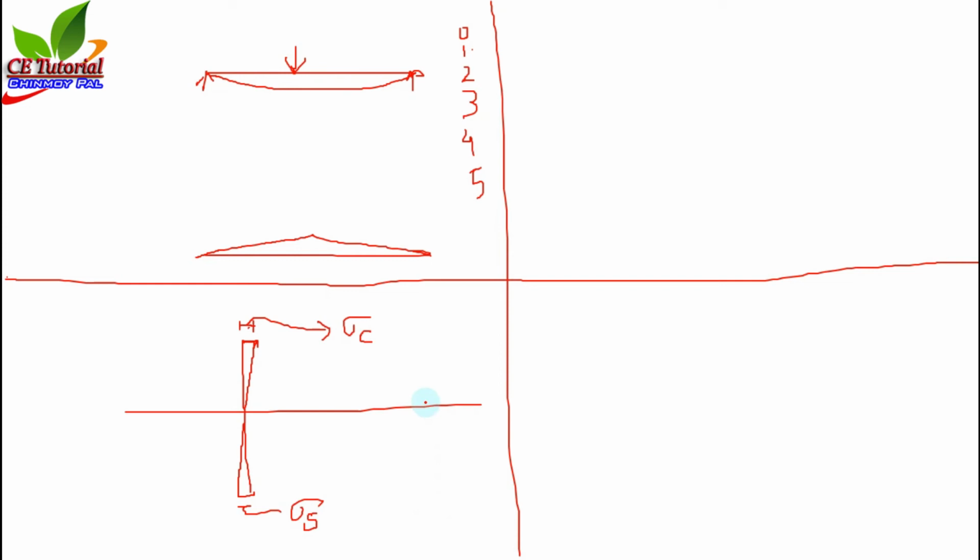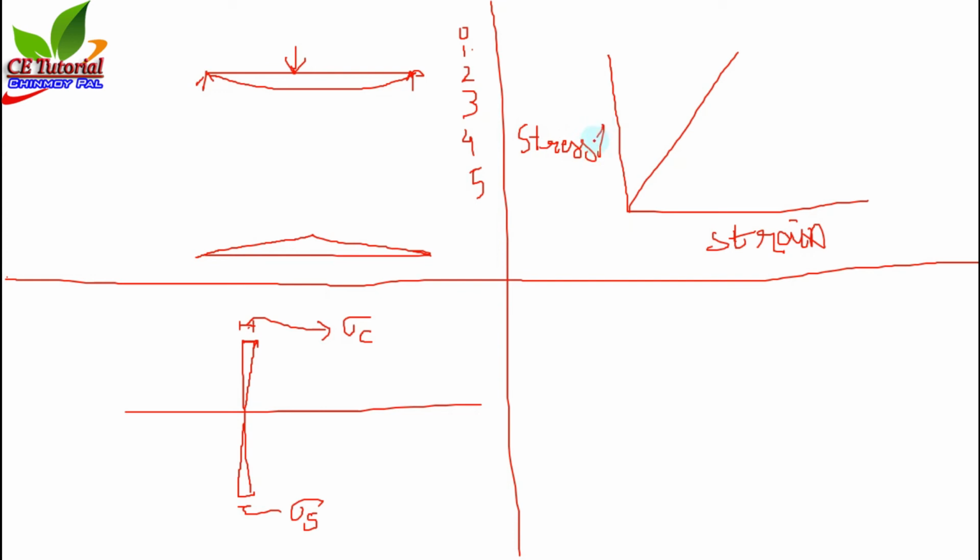Okay, now look at this diagram. This is suppose stress strain curve of concrete. Okay, this is strain, this is stress, and suppose this is stress strain curve of steel.